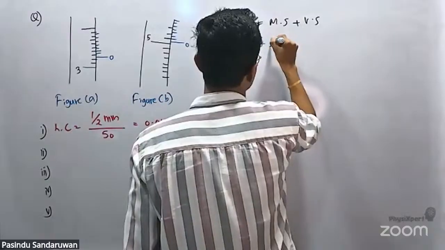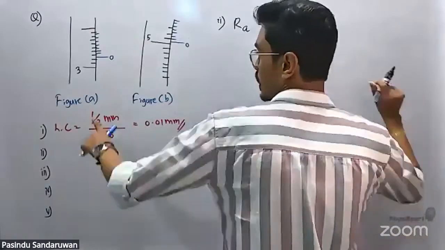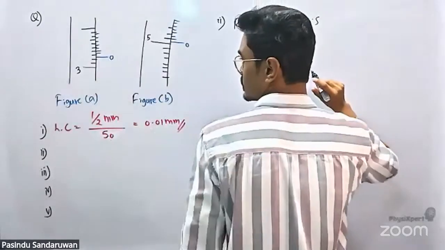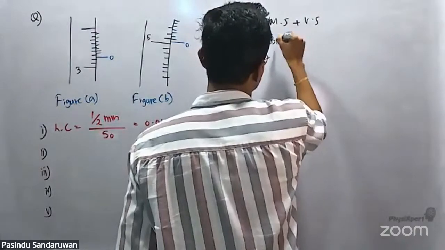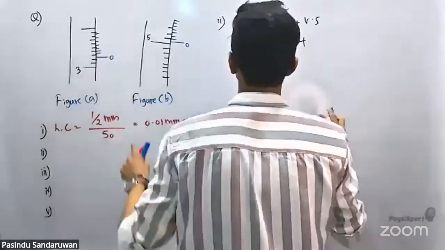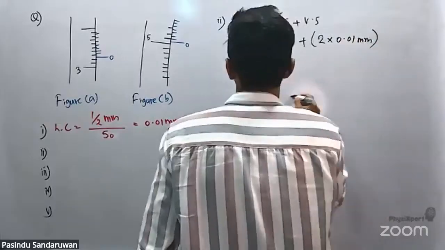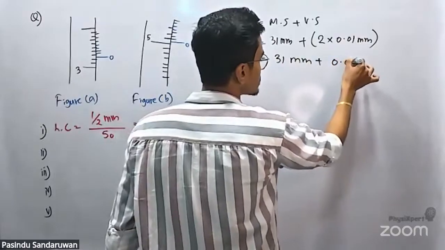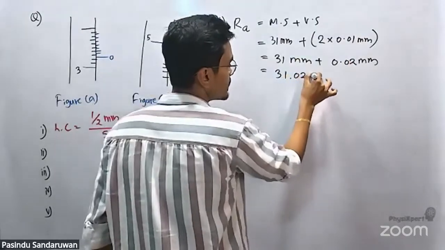So only 31 millimeters are completed, because we have half millimeter divisions. Plus vernier scale: number of coincident divisions is 2, times least count 0.01 millimeters. So 31 millimeters plus 0.02 millimeters. So RA is 31.02 millimeters.